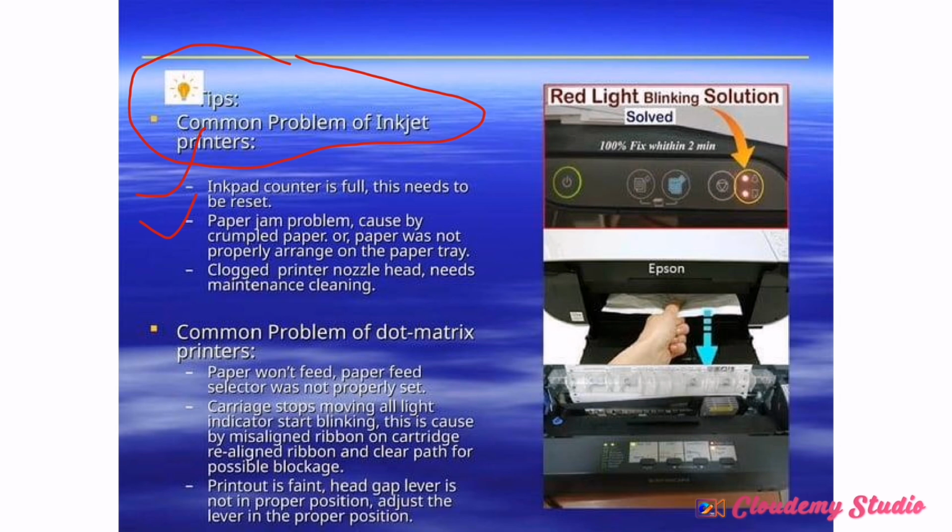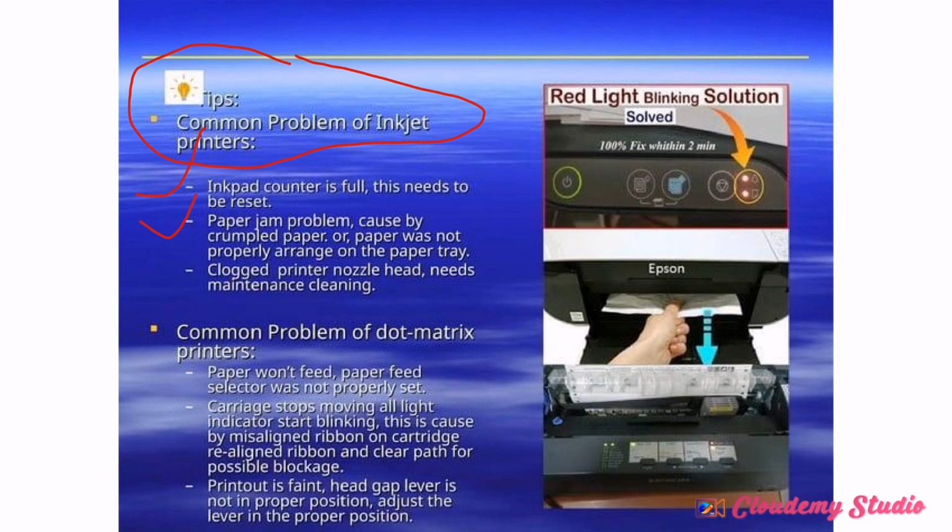Clogged is whereby the nozzle heads have dust in them, so they are clogged, meaning you need to clean them as well as clean the sensors in order for the printer to work nicely. So these are the common tips you can use to identify the symptoms or problems of inkjet printers. Not only inkjet printers: paper jam and clogging are in both inkjet and laserjet printers.